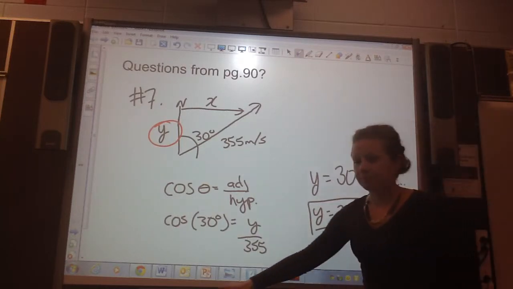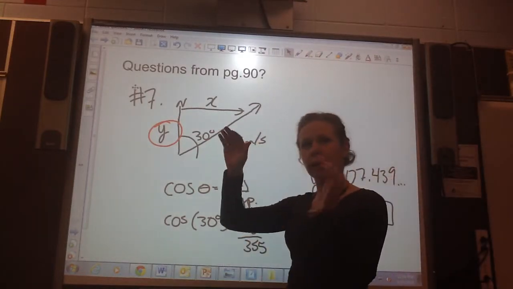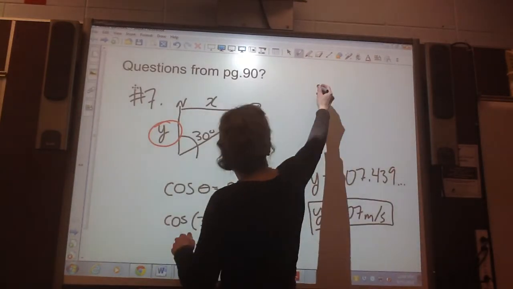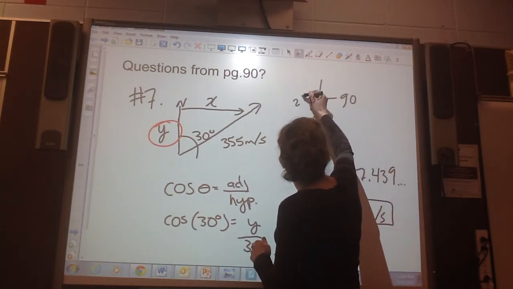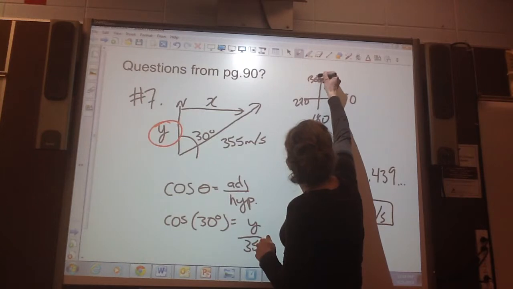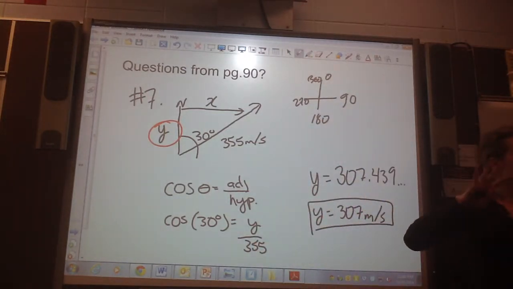So you need the direction? No, because this is using the bearing method, so this is 90, this is 180, 270, and 360. So when it doesn't give you north of east or whatever like that, it just gives you the degrees.